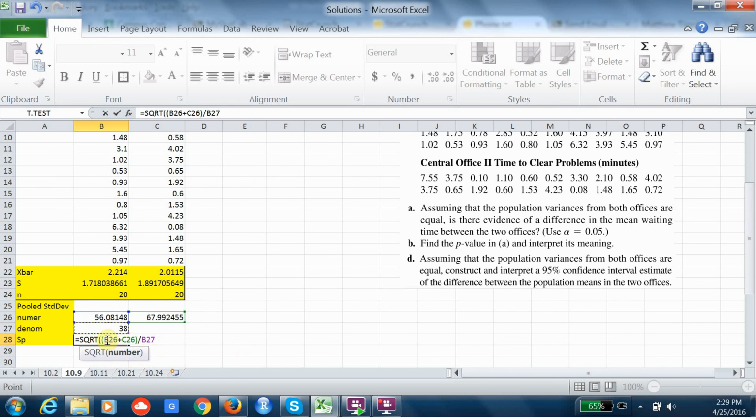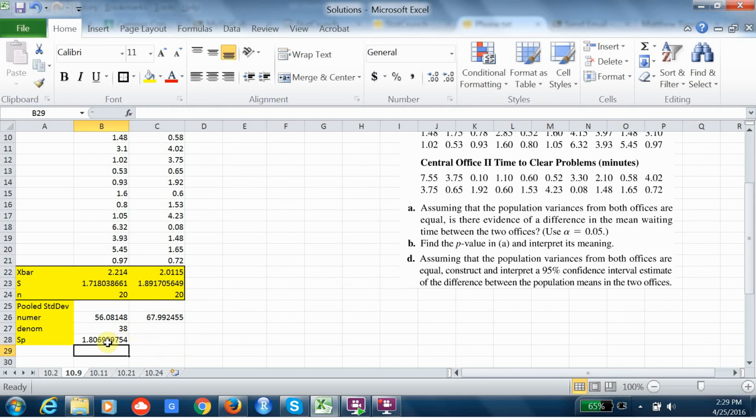Actually, I am going to do the variance because, yeah, that's okay. I'll leave it like that. Okay, that's my pooled sample standard deviation. And notice that it's between these two values, so that's good. It's kind of nice to do this if for no other reason than just for a check. Okay, so now I have everything I need to do the hypothesis test.